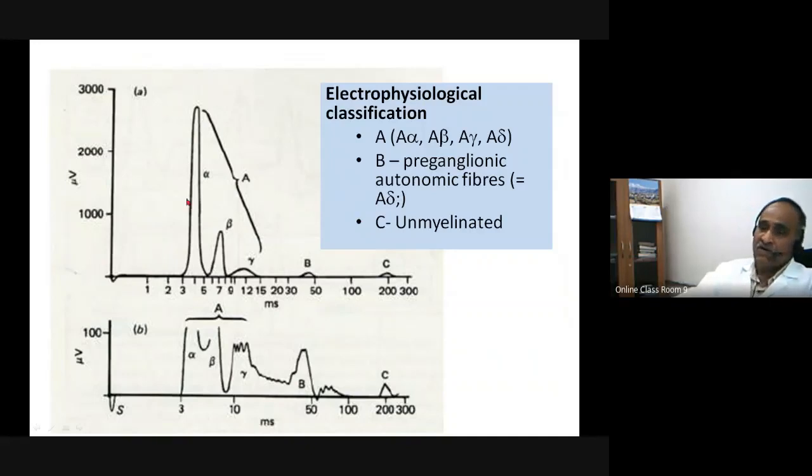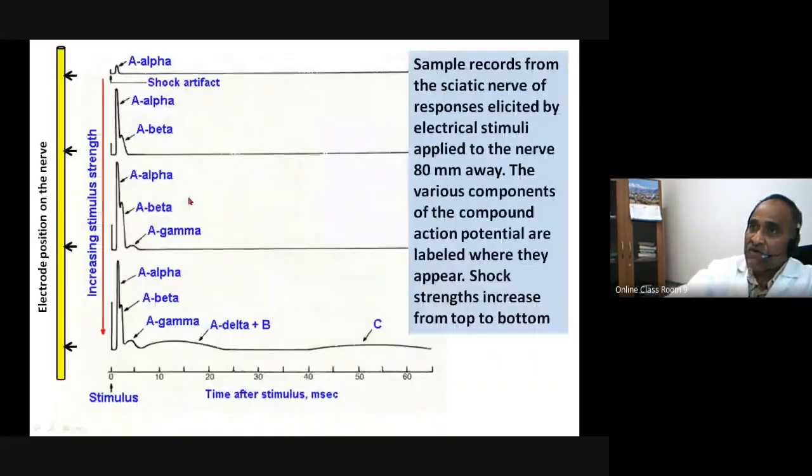Now, after having seen that, I want to mention: if the stimulus is delivered somewhere here, and I place an electrode close by, I get only a single peak, because all the other peaks cannot be resolved. Other peaks will be missing because they cannot be dispersed.